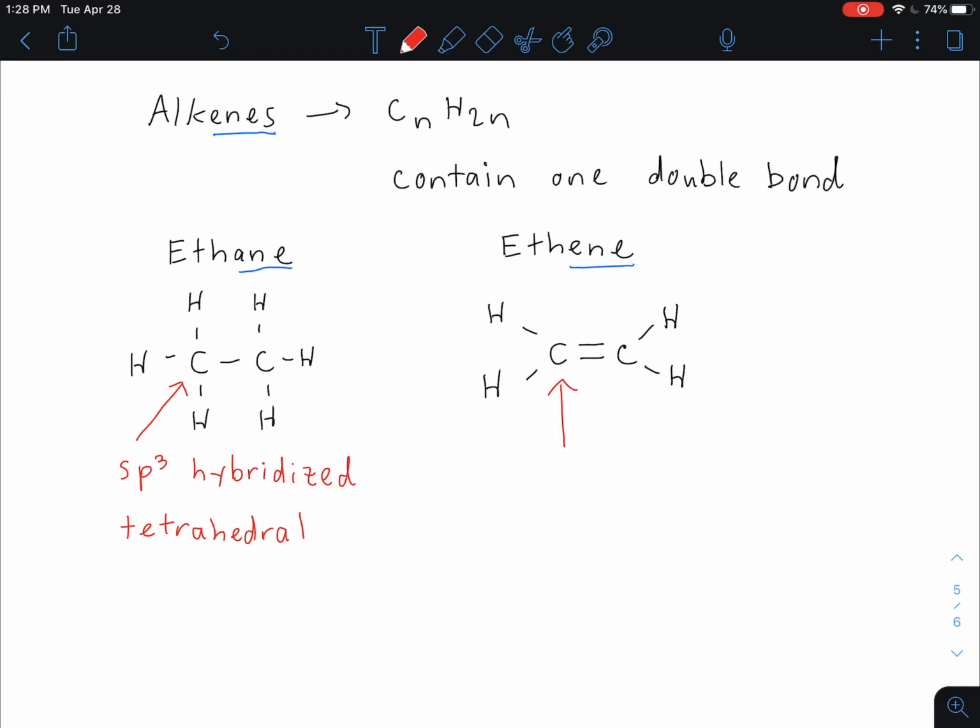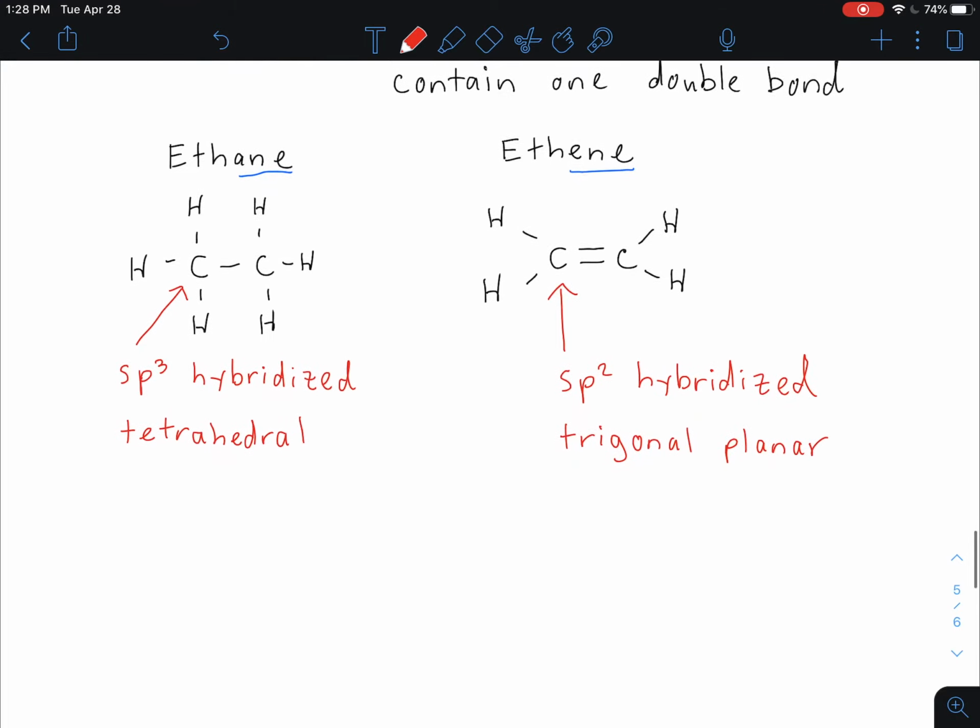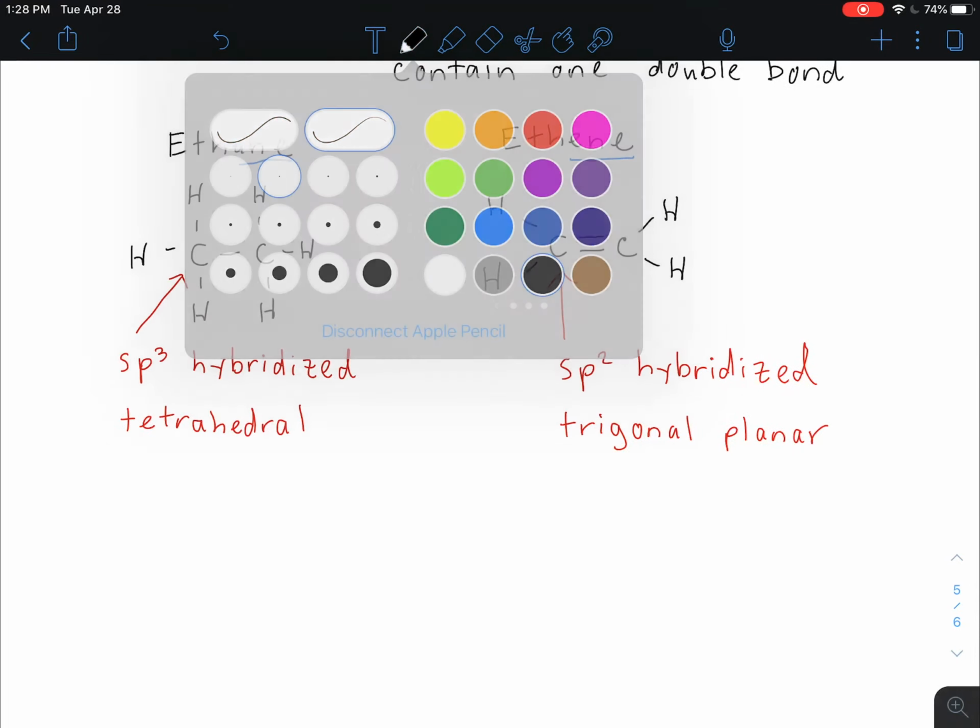On the other side, with ethene, with 3 electron domains, remember a double bond still counts as 1 domain because the second connection is a pi bond through p orbitals instead. This is sp2 hybridized, and then kind of like I've drawn it here, it's trigonal planar for both the electron domain and molecular geometries that we're looking at here. So that's why we say CnH2n instead of CnH2n+2, because you can imagine you're effectively taking 1 hydrogen away from 2 adjacent carbons, and then they're sharing an electron pair between them.